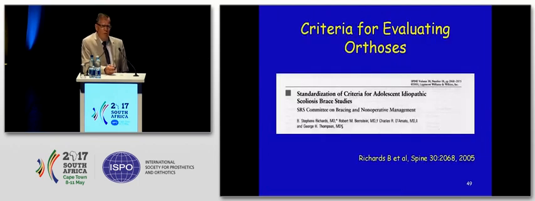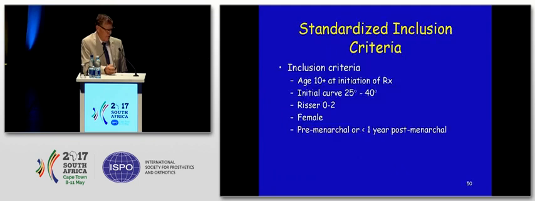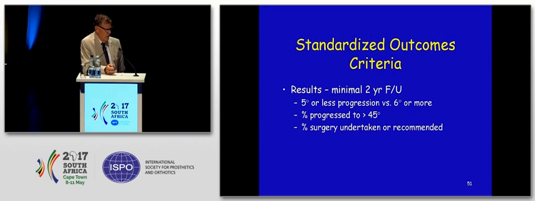The Scoliosis Research Society has published guidelines for evaluating effectiveness of orthoses. If you want to study how your brace works, your population should include children over 10, small curves to begin with, Risser sign 0 to 2 in females, and premenarchal or within 1 year postmenarche.